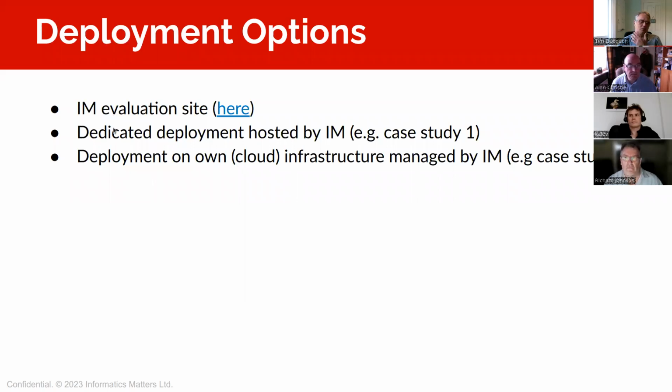But we can also manage additional deployments hosted by us, and you'll see an example of that in case study 1. And we can deploy to customers' own infrastructure. Typically, this is cloud infrastructure, though strictly speaking, it doesn't have to be cloud. We would typically manage it on the customer's behalf, and the example there will be seen in case study 2.